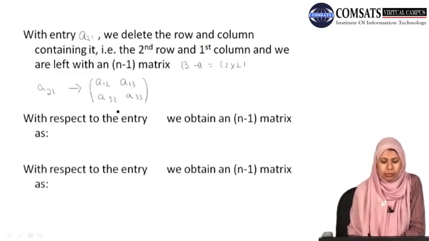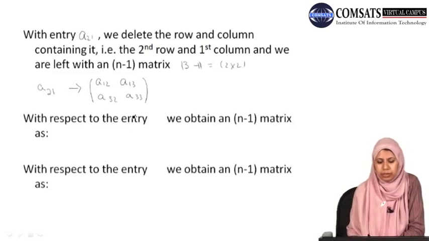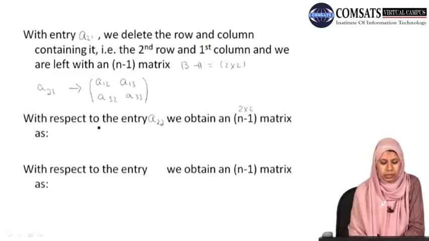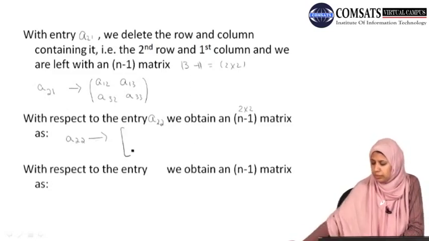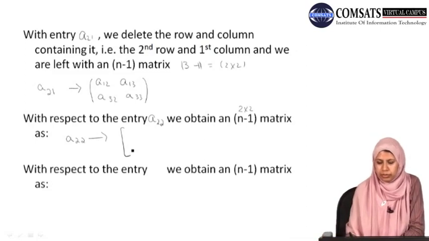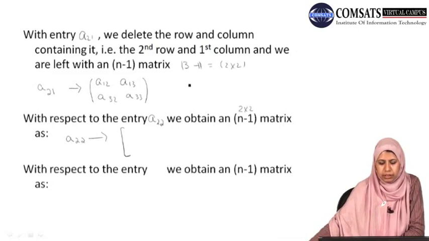Okay. Now, let's say we are interested in some other entry. For example, with respect to the entry A22, we obtain an n minus 1, that is, a 2 by 2 matrix. We have to look at our matrix again.